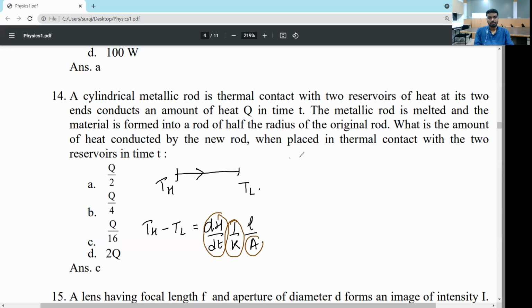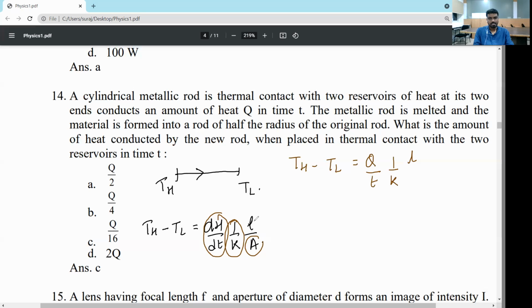So the first equation will be TH minus TL equal to Q by t. Let's say conductivity is K, length is L. The metallic rod is melted, so volume will be the same, right? Volume will be the same, and the material is formed into a rod of half the radius.